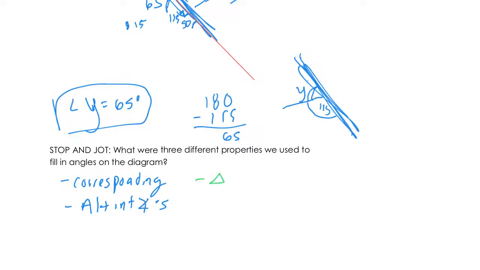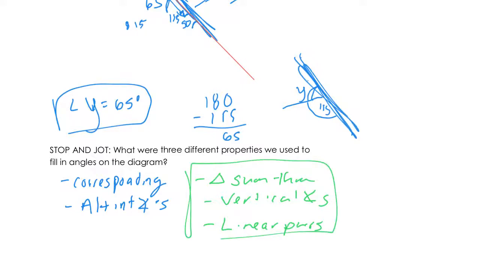I could also use the triangle sum theorem. I could use vertical angles. I could also use linear pairs. So these are just ways we could fill in angles. These are always true. This is true when the lines are parallel, so I use that transversal to help me. So pause the video, try the You Try, and then hit play and I'll show you the answer.